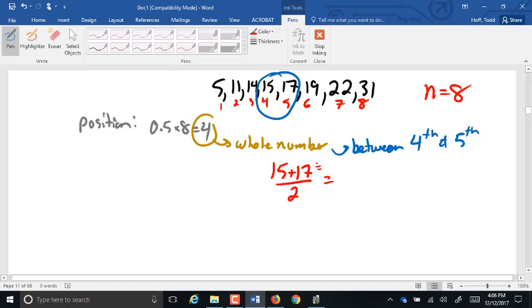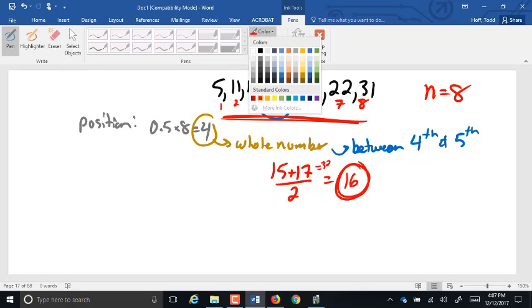What it does is division order of operations, it divides before it adds. So if you don't hit equals after the 17, it divides the 17 by 2 and then adds it to the 15. So you have to hit equals. 15 plus 17 is 32, divided by 2 is 16. So the median of that set would be 16.